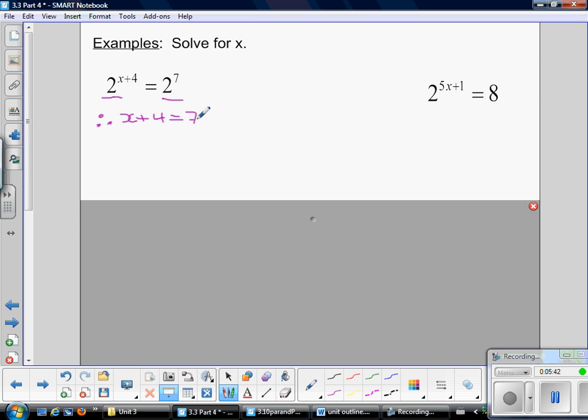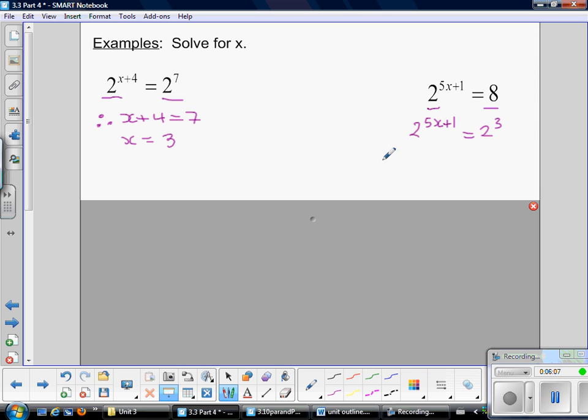Solving for x, subtract 4 from both sides, so x equals 3. That's simple. Okay, the next one. My bases are not the same. I can turn the 8 into a base of 2. So I have 2 to the power of 5x plus 1, and it equals 2 to the power of 3.